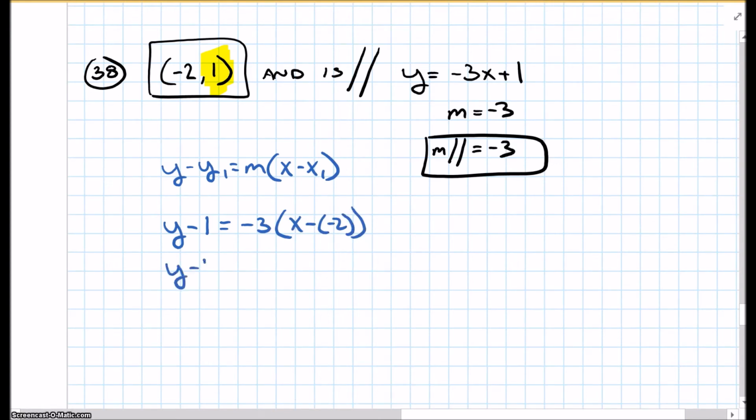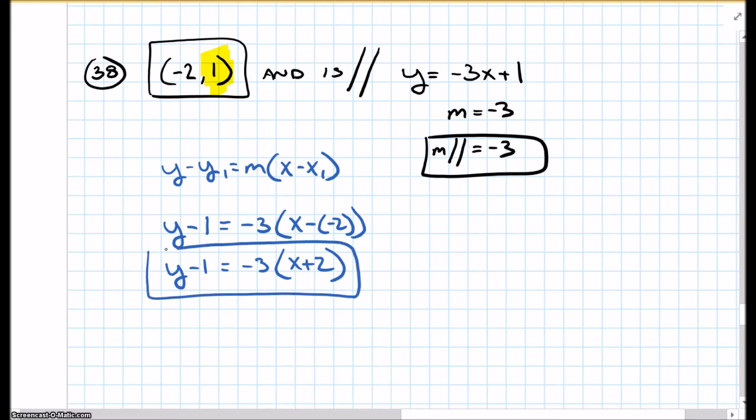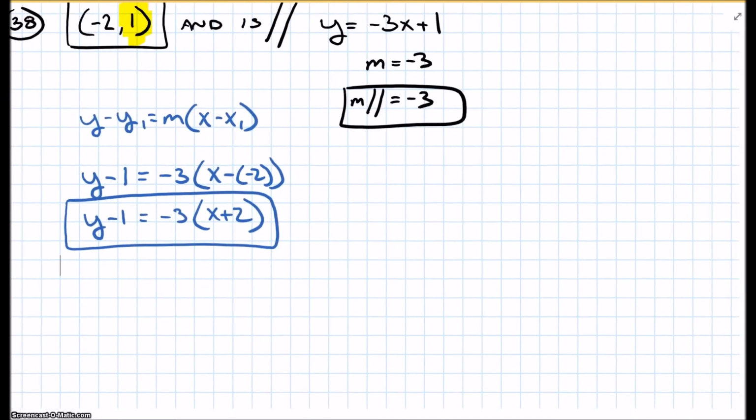So it would be y minus 1 equals negative 3 times x plus 2. Okay, do I have enough information to graph it? Yes, I do. It did not tell us which form to get it in, so that is irrelevant as long as we get it in a form. So let's just graph it.